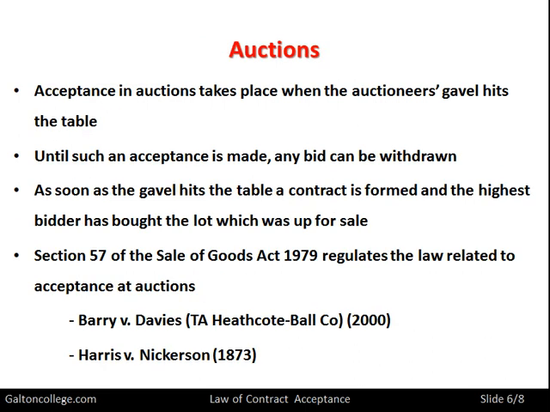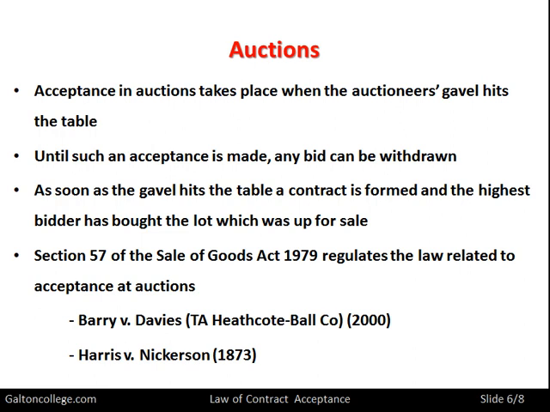Now in auctions, acceptance takes place when the auctioneer's gavel hits the table. When the little gavel the auctioneer uses hits the table, that's when acceptance takes place. Until such an acceptance is made, any bid can be withdrawn. So until the gavel hits the table, a bid may be withdrawn.